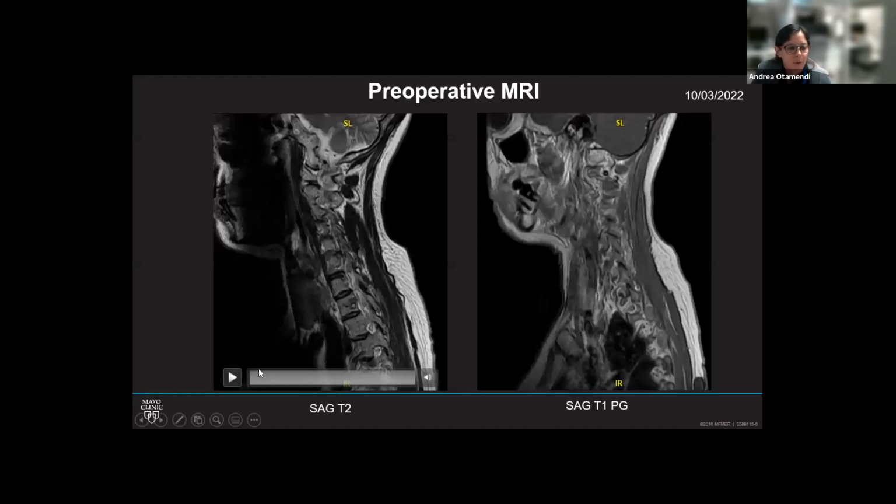Now we have the preoperative MRIs. First, we have the sagittal.